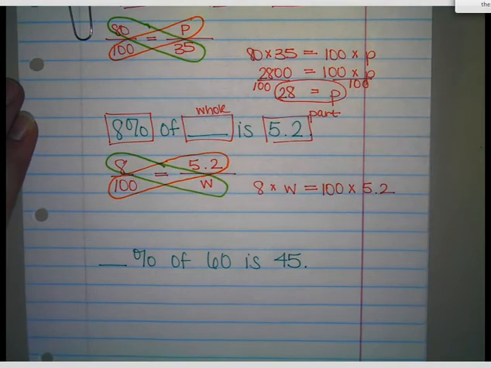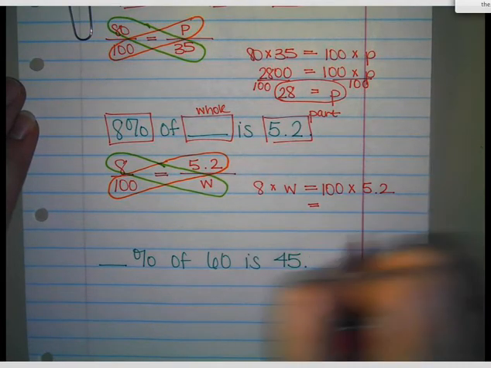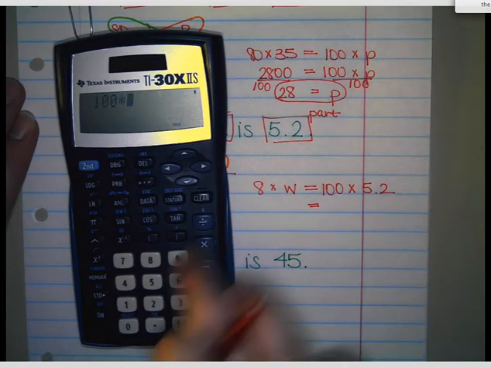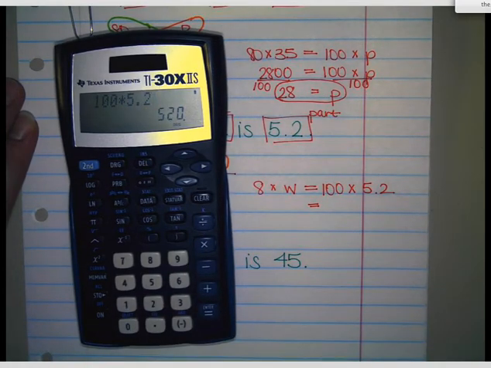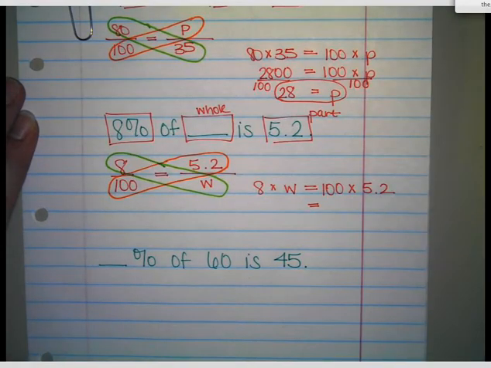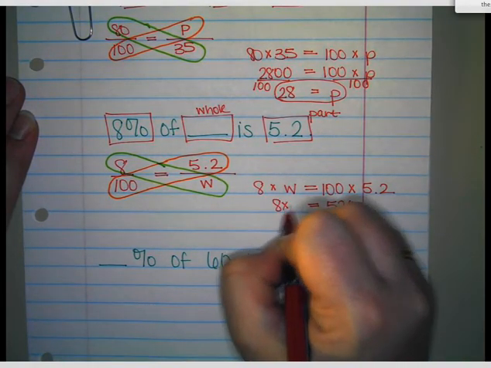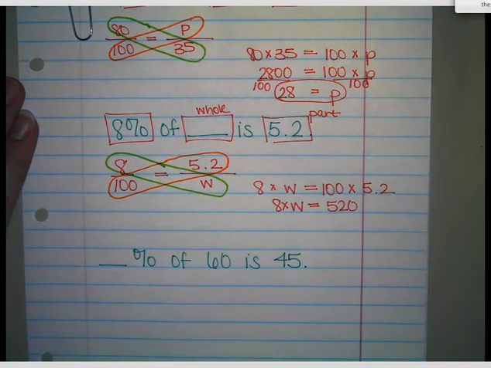I'm going to simplify with my calculator. So over here, 100 times 5.2, in case you can't do that in your head, is 520. So 8 times our mystery number equals 520.